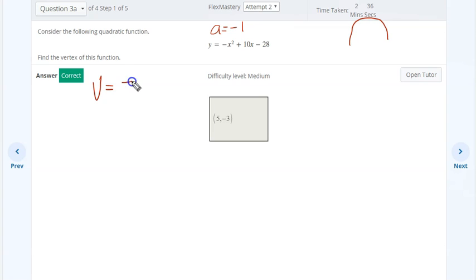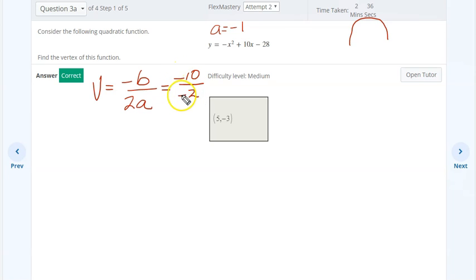So that would be -b over 2a. Our b value is 10, so -10. Our a is -1, so -1 times 2 is -2.